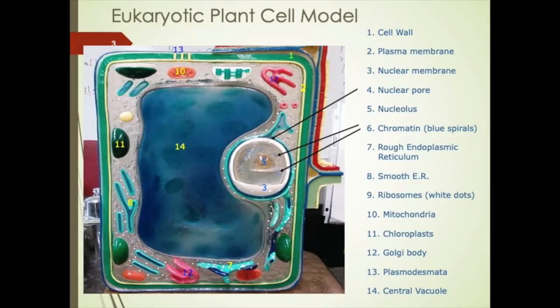So here we have the eukaryotic plant cell model. You can go through the different structures. So you have the cell wall, the plasma membrane, nuclear membrane, nuclear pores, which are on the outside of that, the nucleolus, which is right in the center, the chromatin, rough endoplasmic reticulum, smooth ER, and these are numbers that just appear on there, so you can look at that.